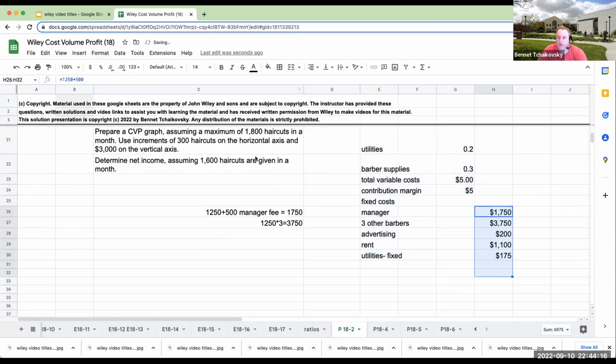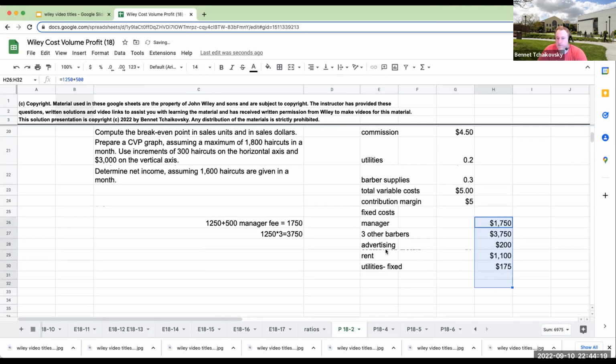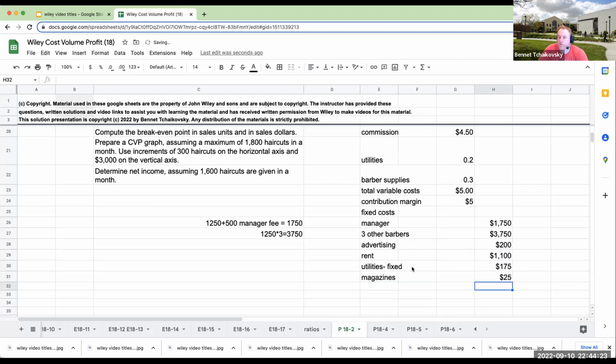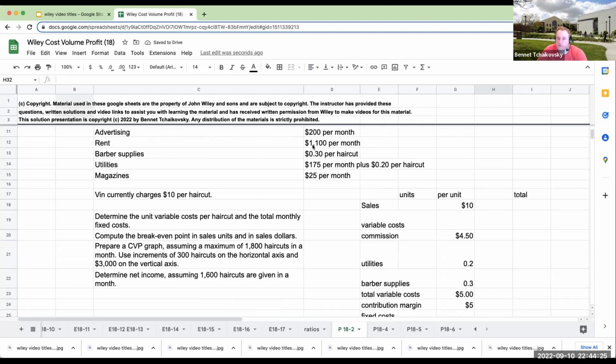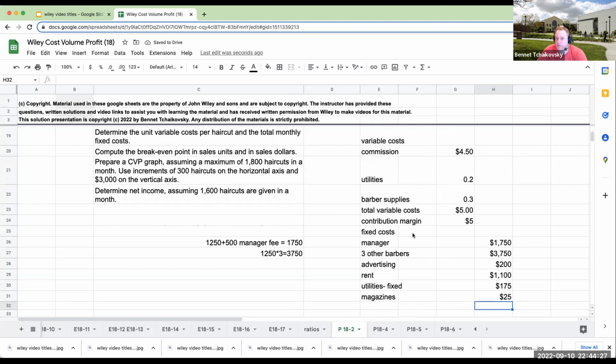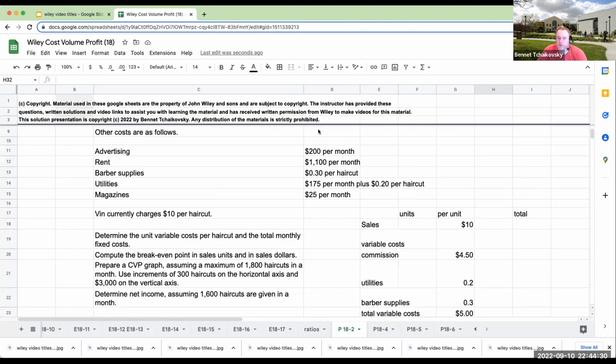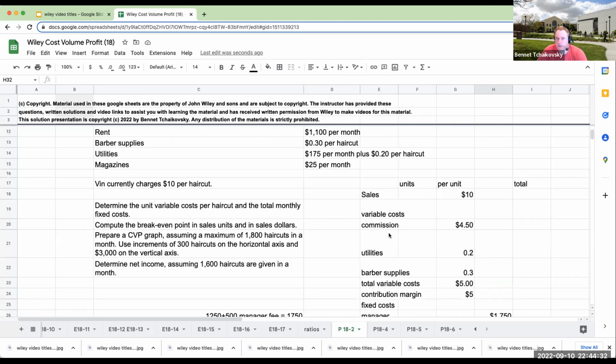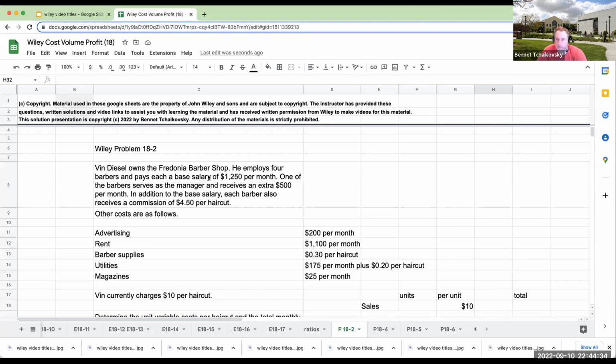And in magazines, it's going to be $25 per month. So 25, 175, 1,100 is the rent, and then the advertising is $200 per month. And then we've got the base salaries over here.